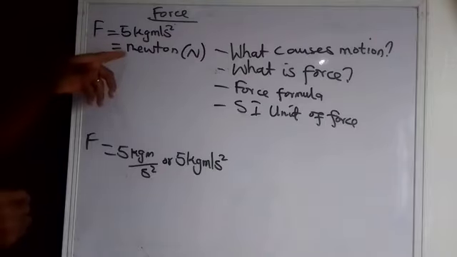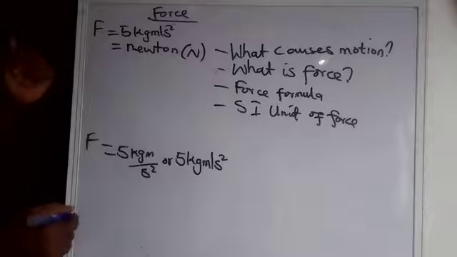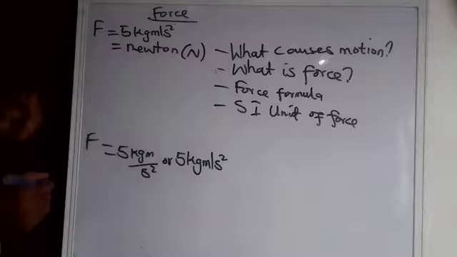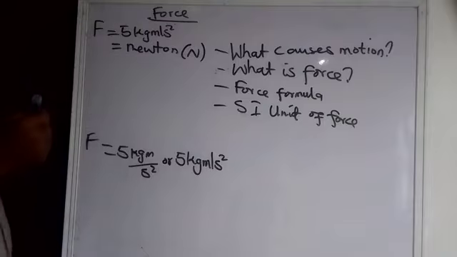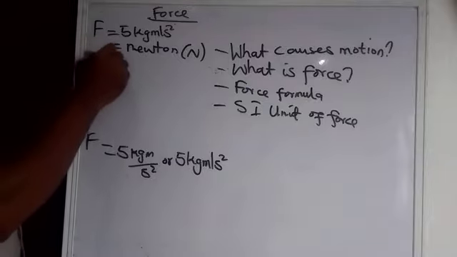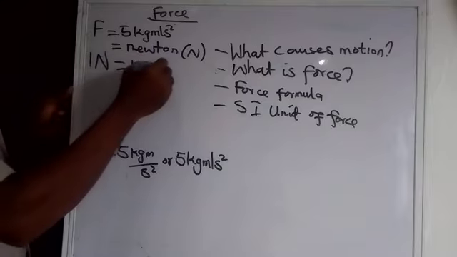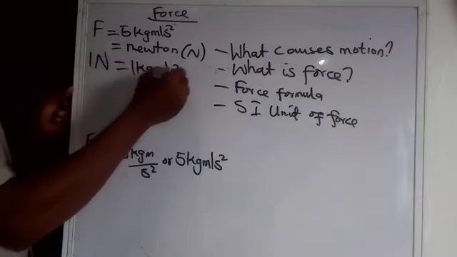Don't say this is someone's name, you should start with capital letter. When you're writing his name, of course, you respect that as a proper noun. But here is a unit. Units always start with small letter, except the abbreviations in capital letter. What does that mean? 1 Newton is the same as 1 kilogram meter per second squared.